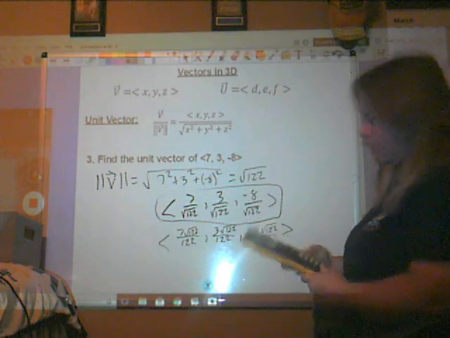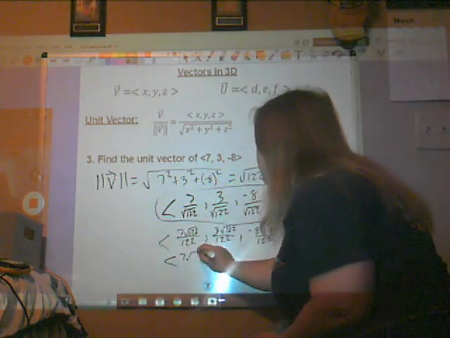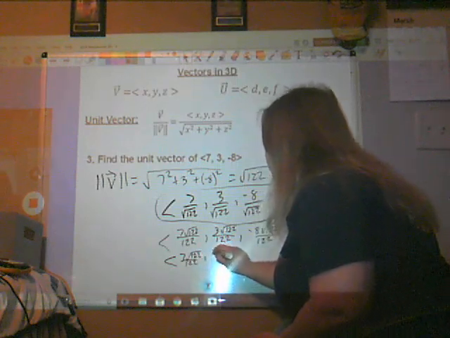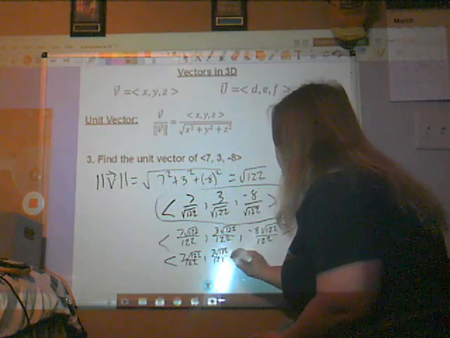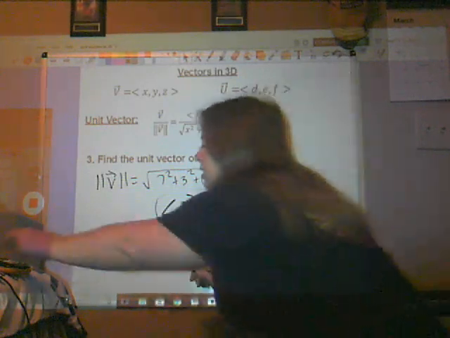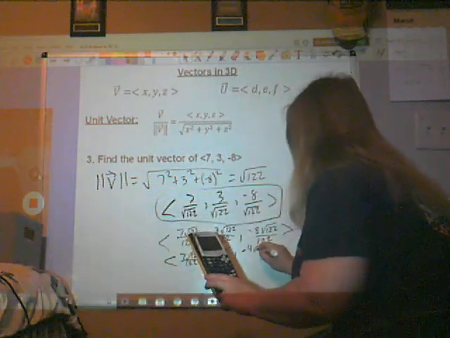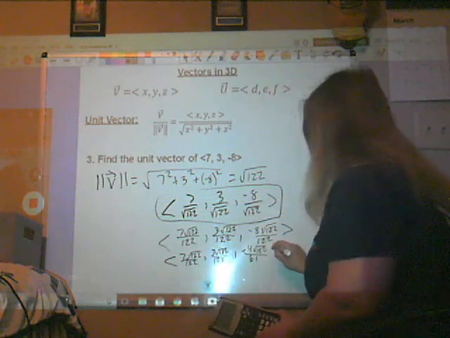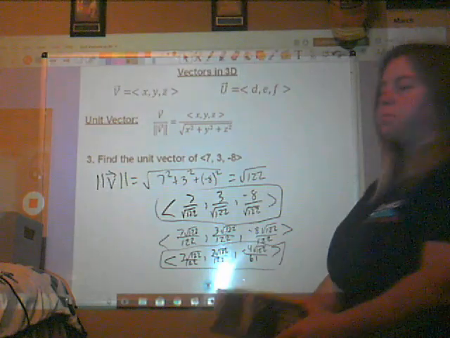And that's going to give us 4 over 61. So this becomes 7 square roots of 122 over 122, 3 square roots of 122 over 122, and this becomes negative 4 square roots of 122 all over 61. And that would be our final answer.